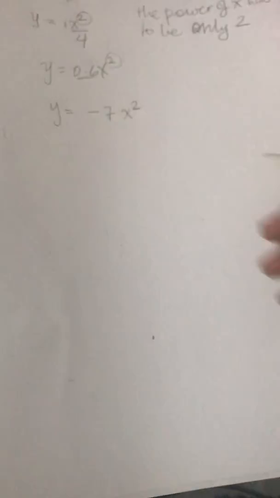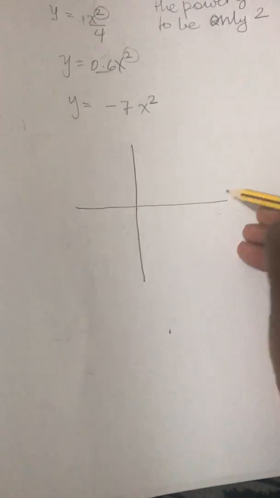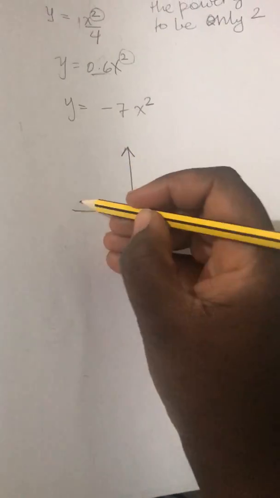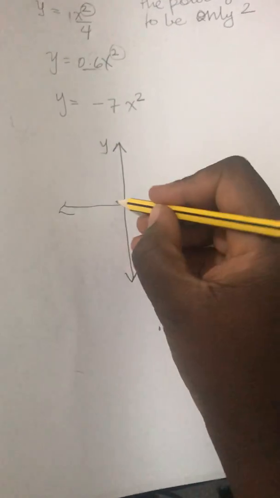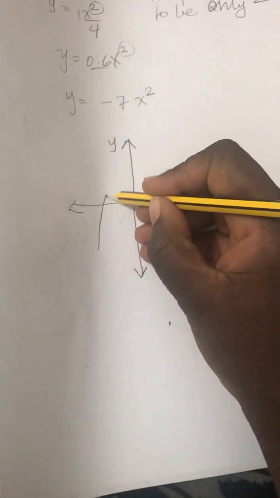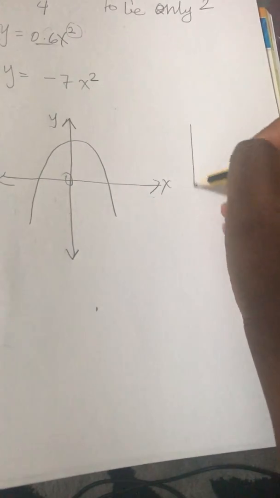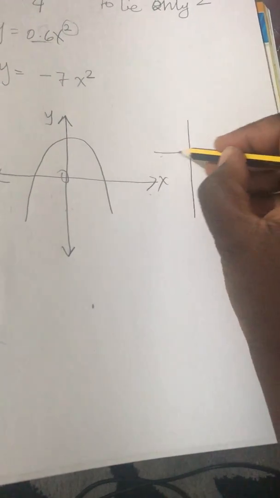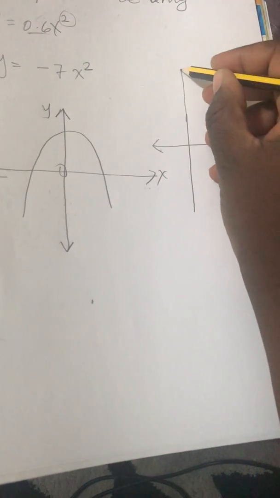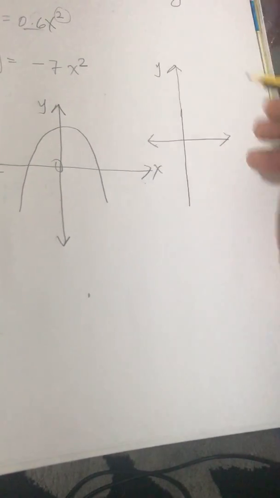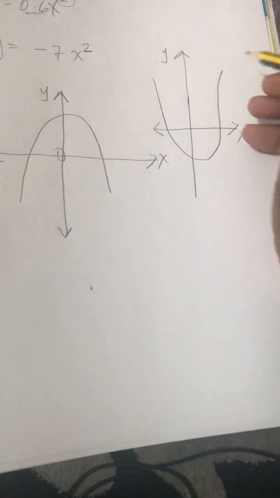How does a quadratic graph look? The quadratic graph, like any other graph, will have an x and a y and 0. So your graph will either be like this or your graph will be like that.